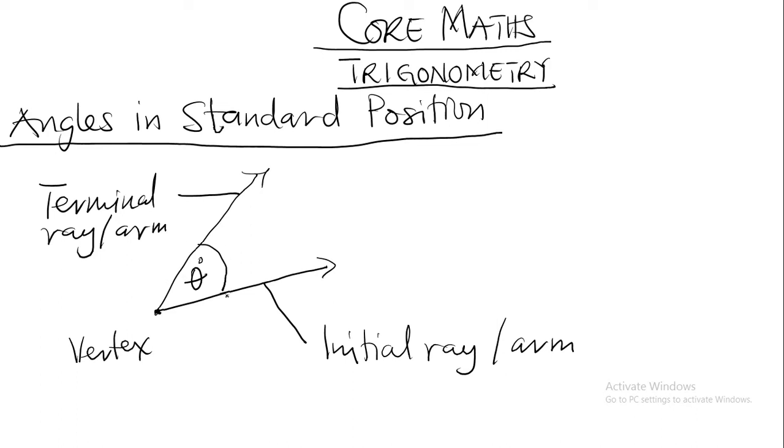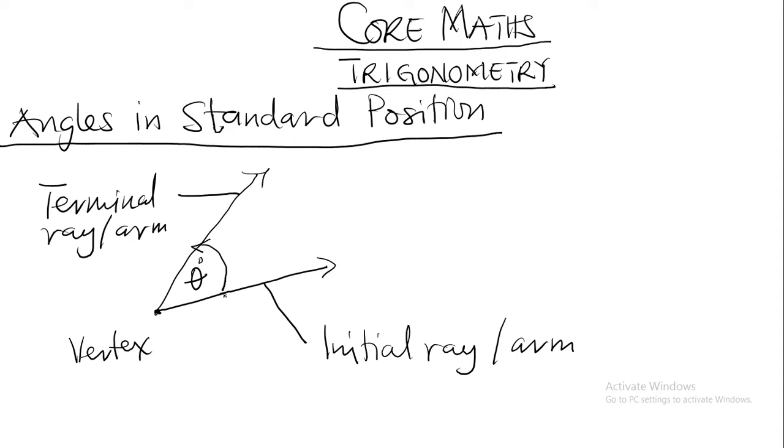Now, if the rotation is from the initial to this point, then we say that that is a positive angle. Positive angles are drawn moving in the anti-clockwise direction.